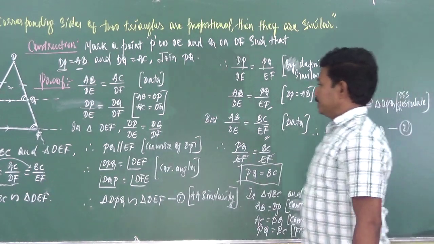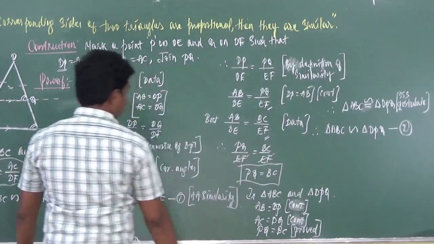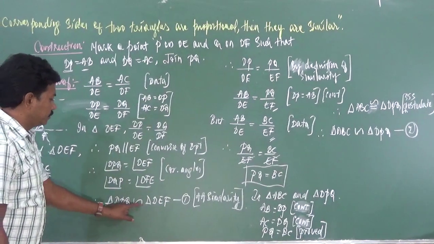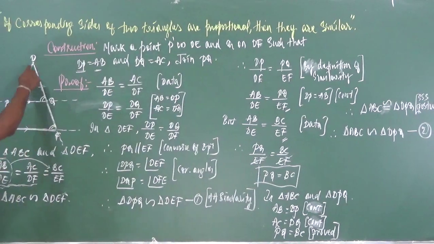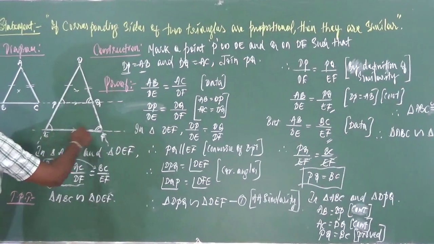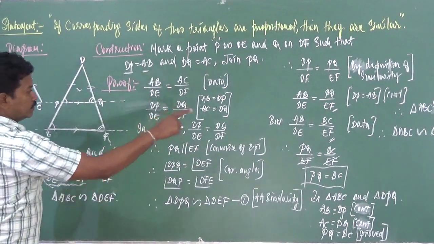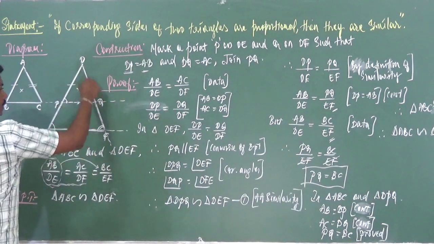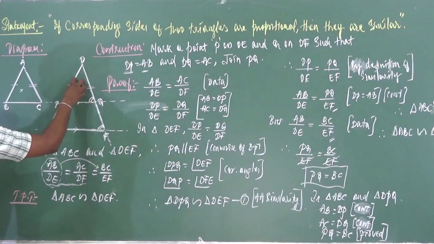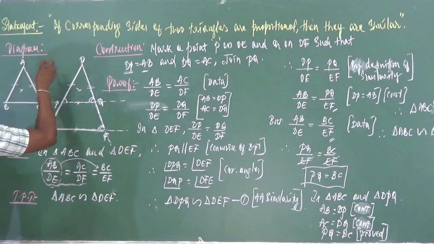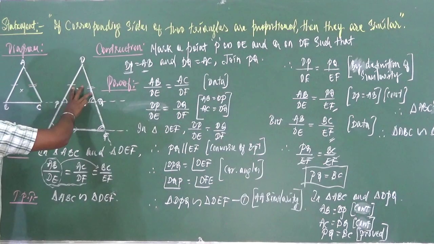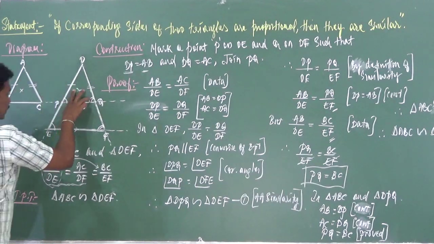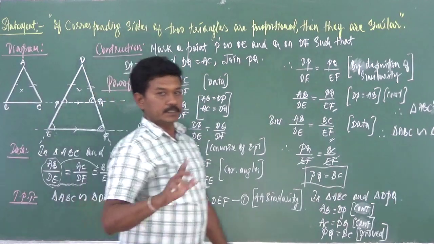Now compare equations 1 and 2. Here triangle DPQ is similar to triangle DEF, and just now we have proved that triangle ABC is similar to triangle DPQ. That means triangle DPQ is similar to triangle ABC, and DPQ is similar to triangle DEF. So therefore triangle ABC and triangle DEF should be similar.